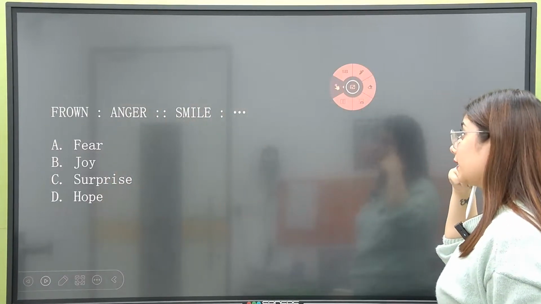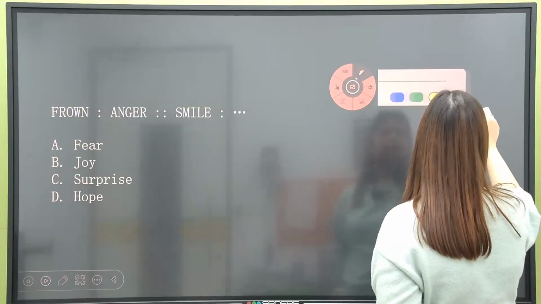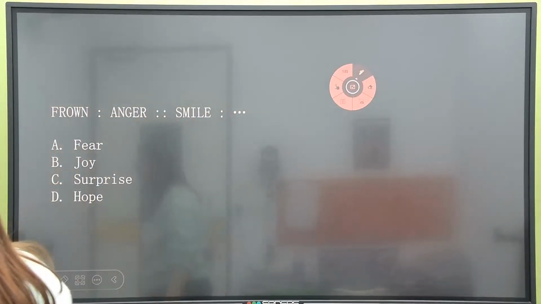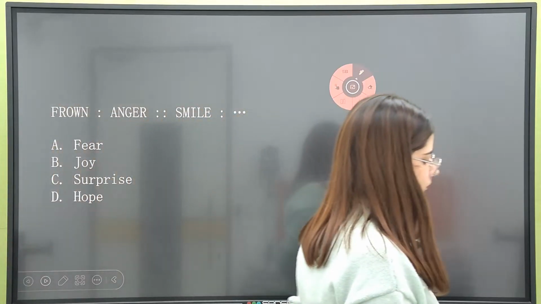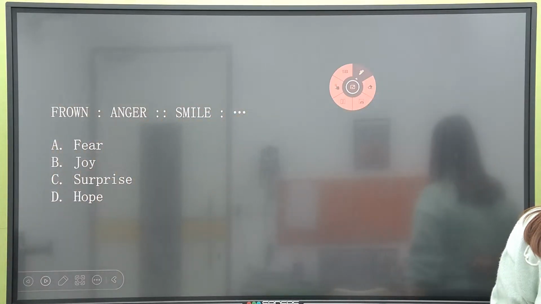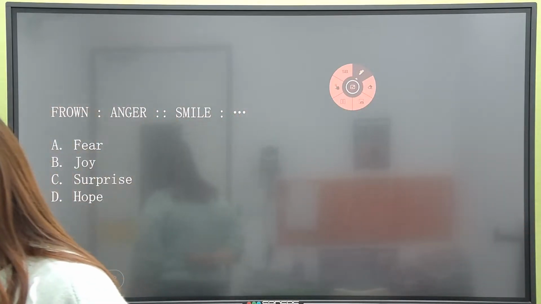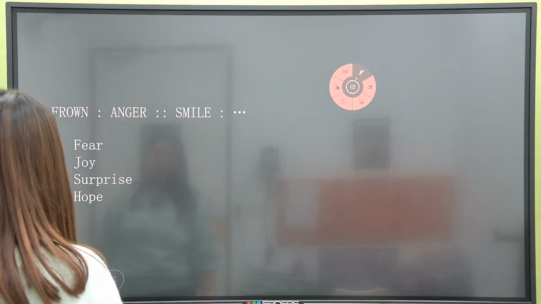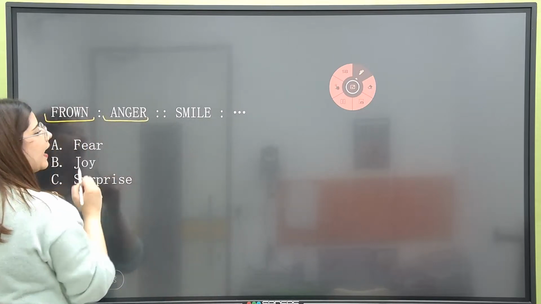Next, frown is to anger, such as smile is to. What is the relationship? We frown when we are angry.